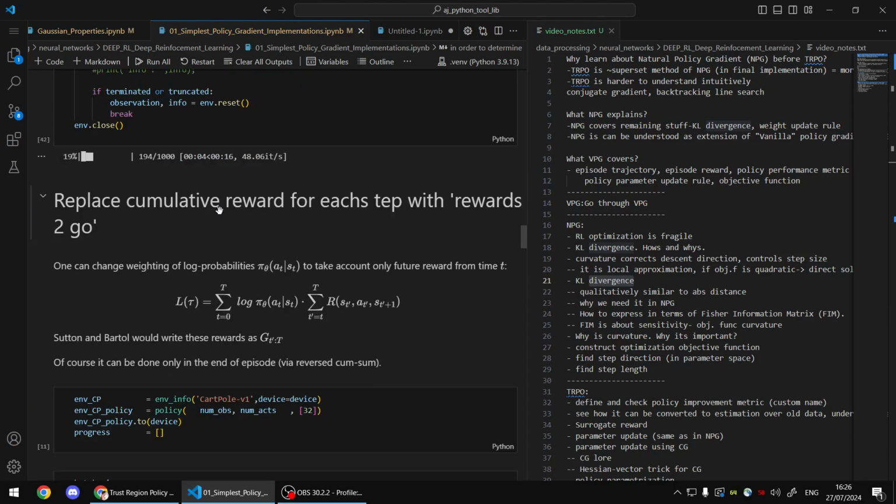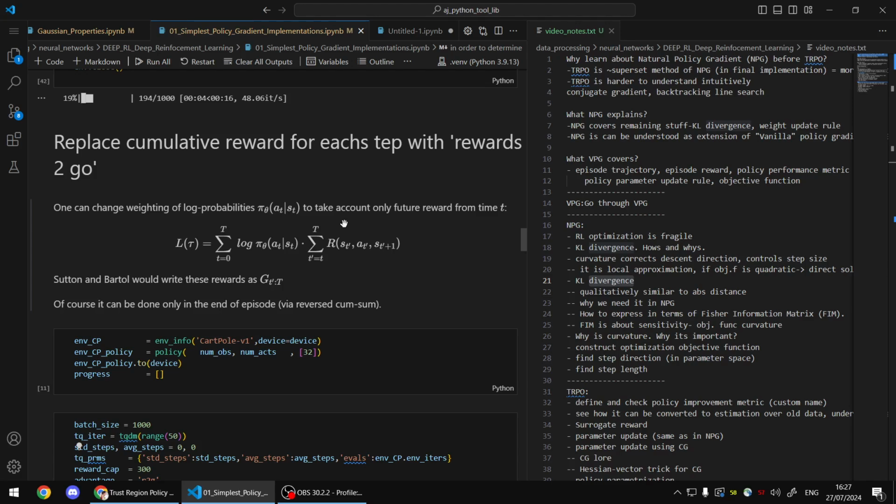And the next idea is the so-called rewards to go. As I said, if there was such an option that for each step you get a separate reward, it will nudge our policy. It will either improve or decrease the performance of our policy's individual weights depending on the gradient of the policy.